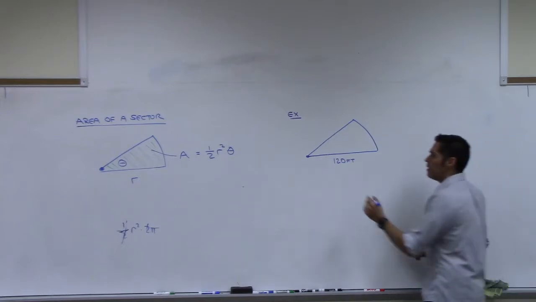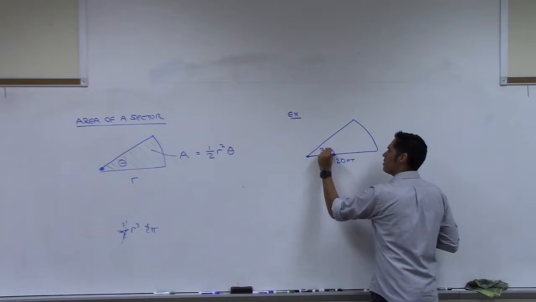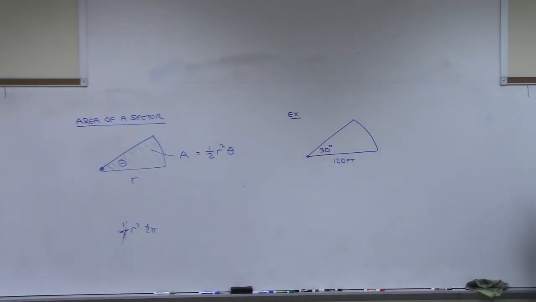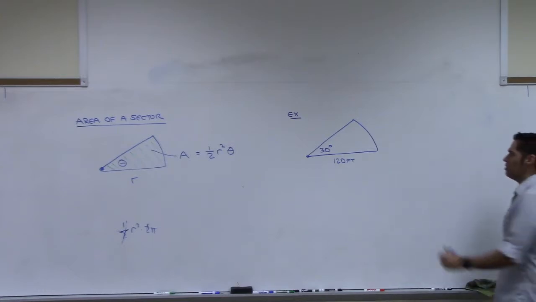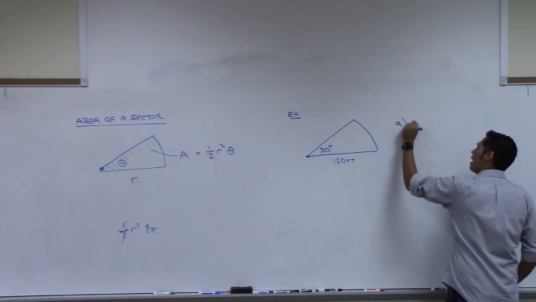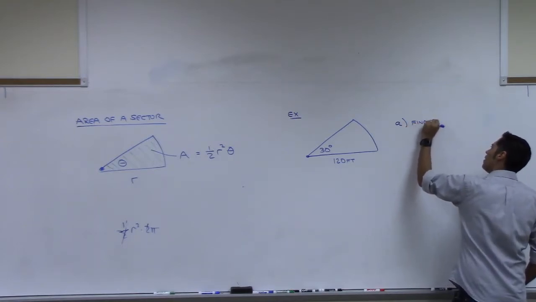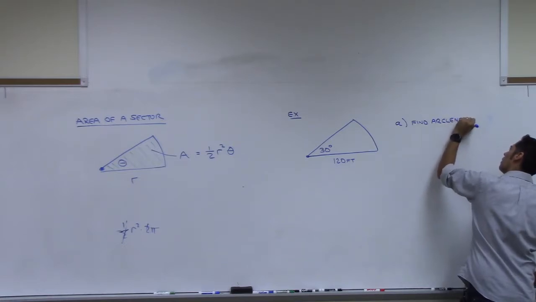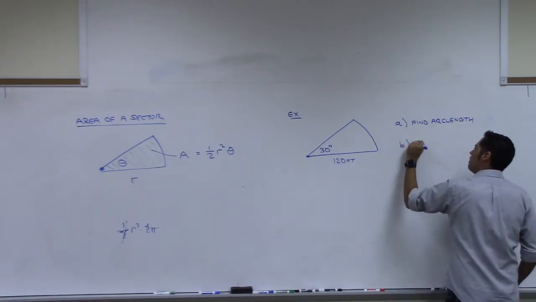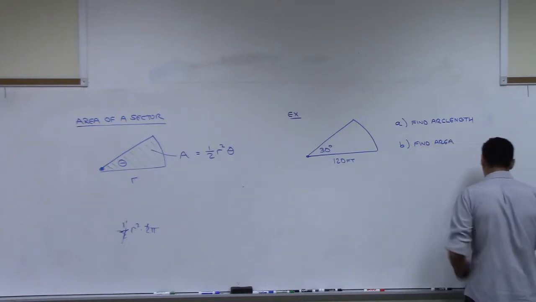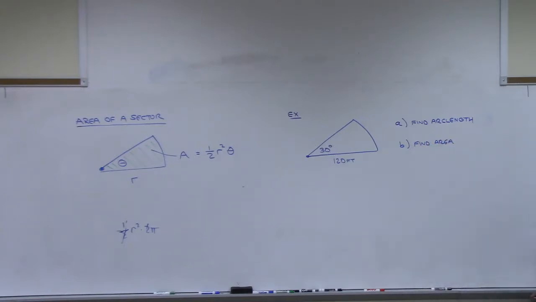And let's say that we have a way of measuring this angle and it's 30 degrees. Two questions. Part A, find arc length. Part B, find area. And we definitely do not want to overcomplicate this problem. This is very much just plug in and go.